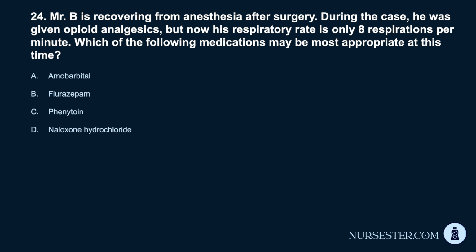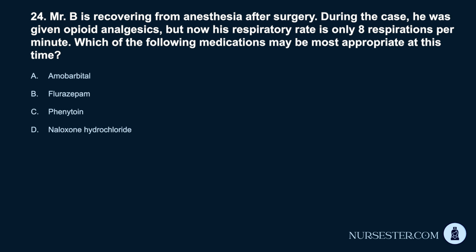24. Mr. B is recovering from anesthesia after surgery. During the case, he was given opioid analgesics, but now his respiratory rate is only 8 respirations per minute. Which of the following medications may be most appropriate at this time? A. Amobarbital. B. Flurazepam. C. Phenytoin.